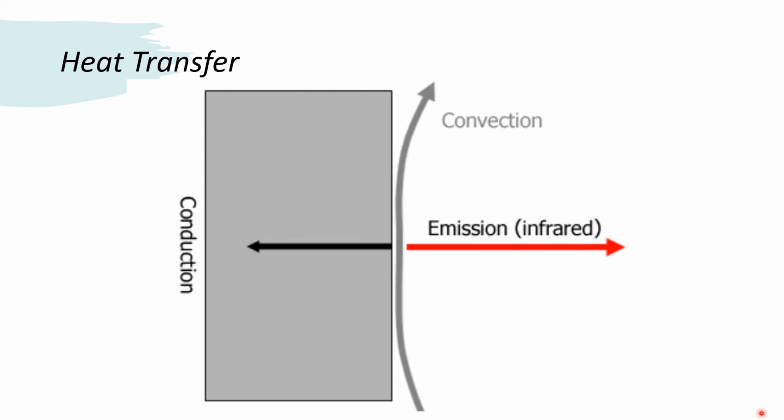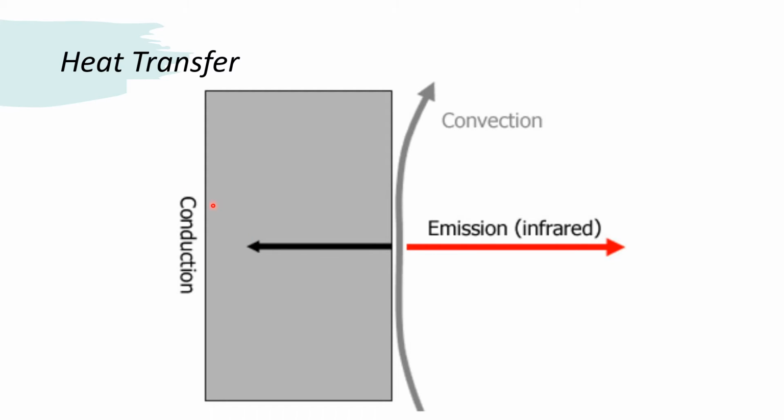So basically heat is usually transferred in a combination of three types, that is conduction, convection and emission.